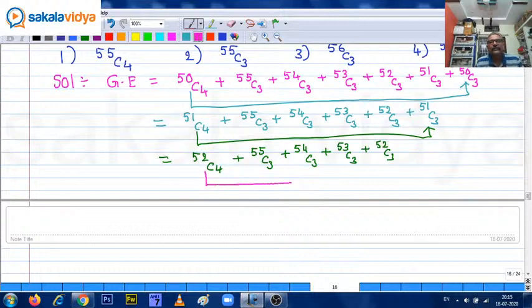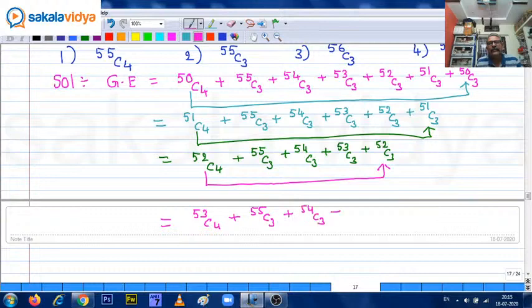Now you take these two. So this can be written as 53C4 plus 55C3 plus 54C3 plus 53C3. Now again you take these two.